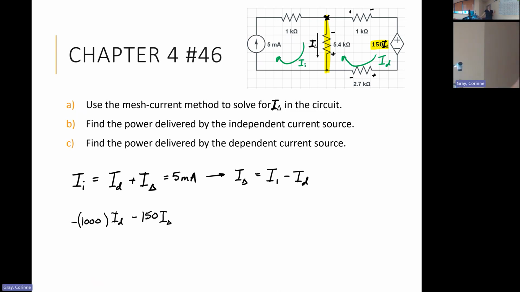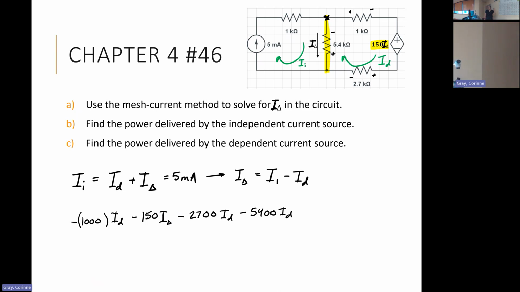Because here that is a voltage source, so it's just a voltage that we'd have to deal with. Minus 2,700 ID minus 5,400 ID.